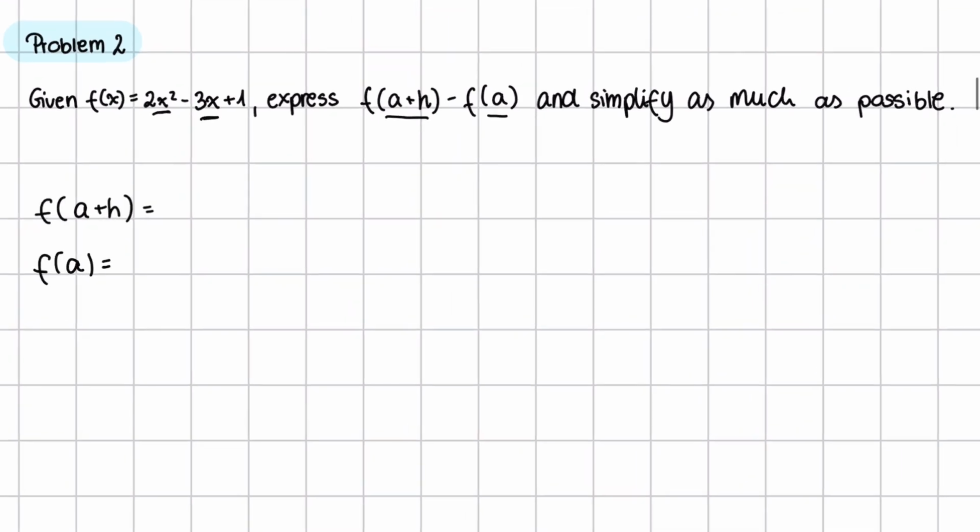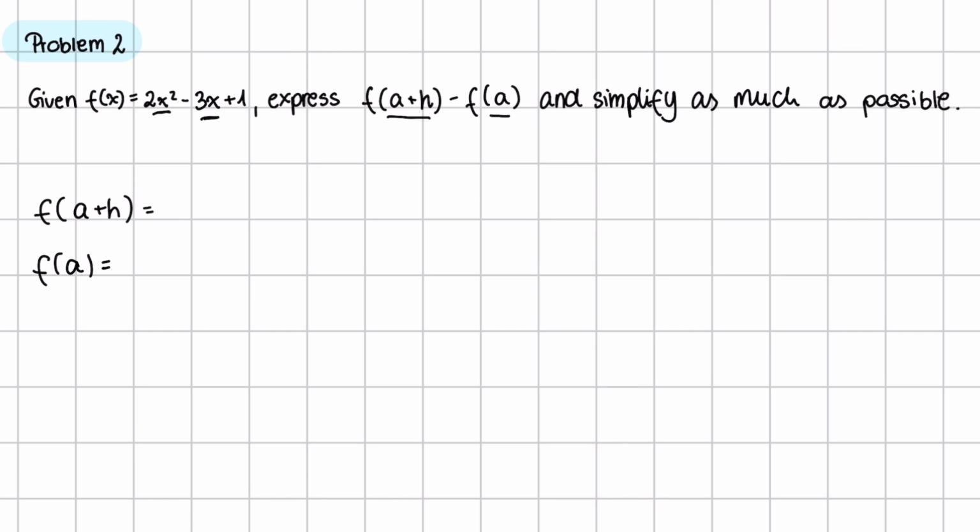We can write our function like this, and we have to be careful because here we have x squared. So firstly 2, then our x, which is this whole expression: (a plus h) squared, then minus 3 times (a plus h), and plus 1 after the bracket.